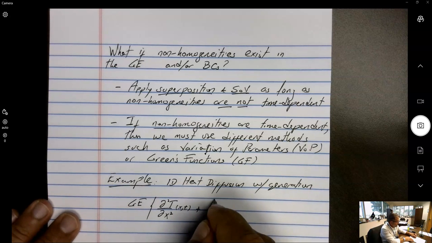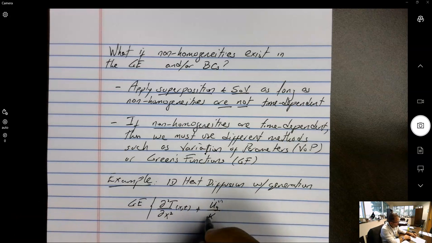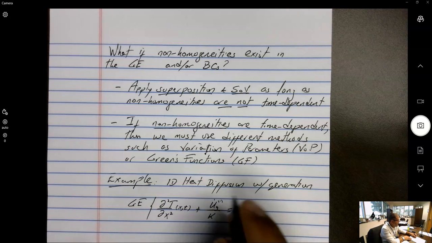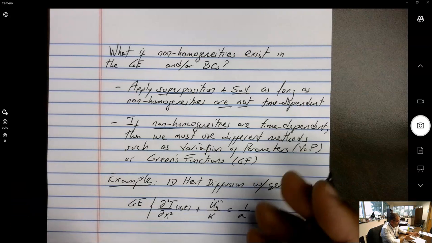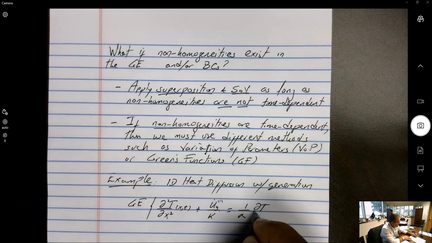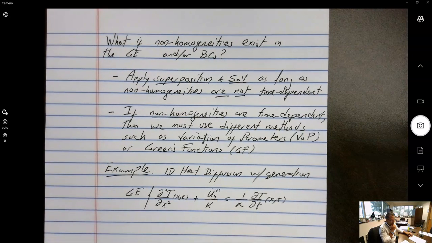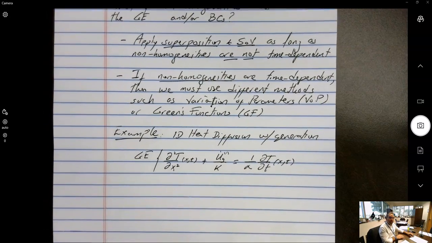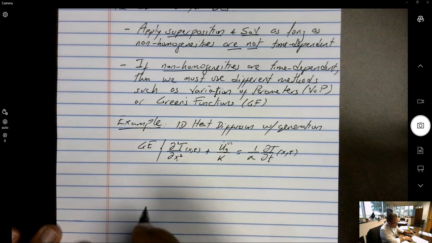We have a generation term, ug triple prime divided by k. Let's say it's a constant for the sake of argument. It can be a function of space. Remember, if it's a function of time, this is not going to work. We will need to do something different. And then the time derivative, the accumulation or storage term, on the right hand side.